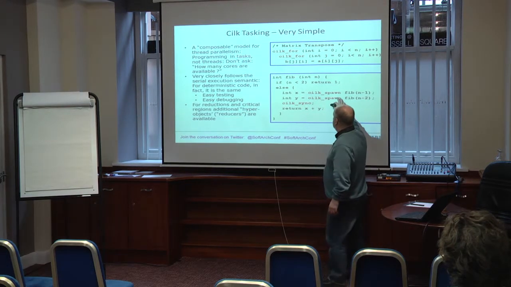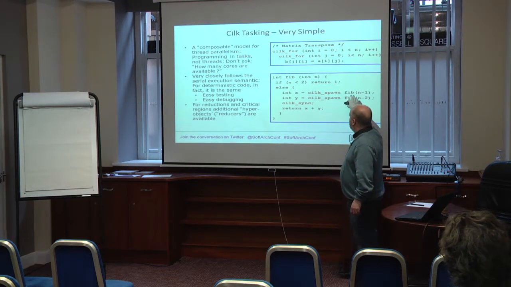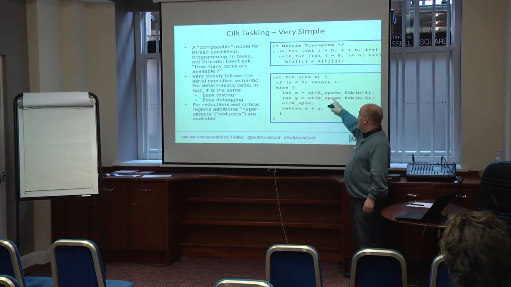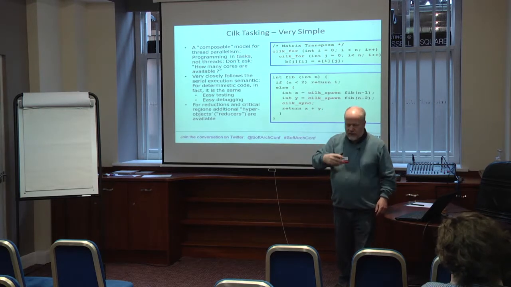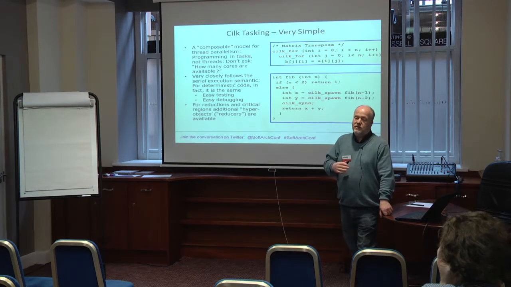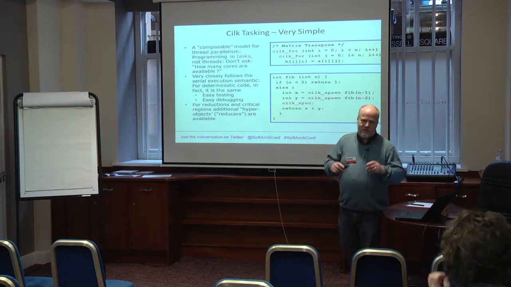The second example is using cilk_spawn and cilk_sync. Again, this is about giving permission to the runtime. What cilk_spawn says is that you can run the next piece of code in parallel with this piece of code. It's not creating new threads, even though the word spawn is there.